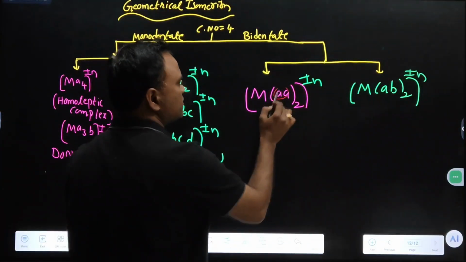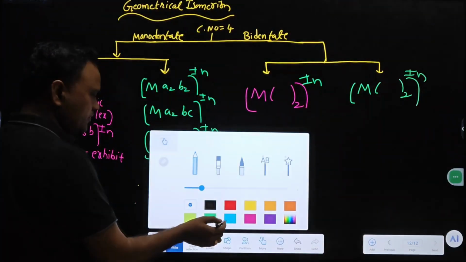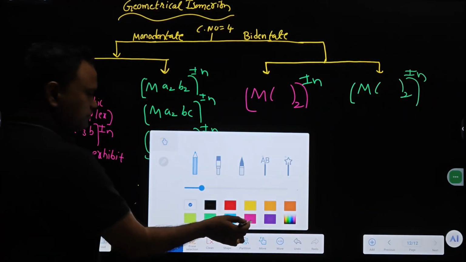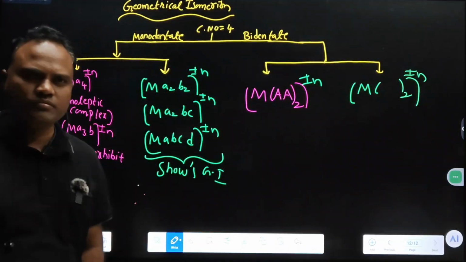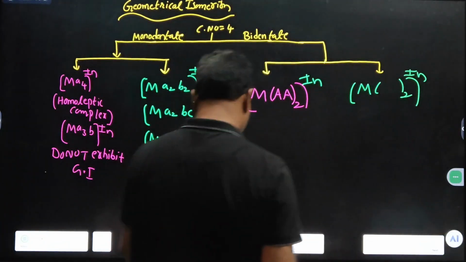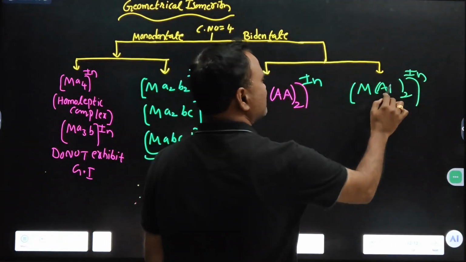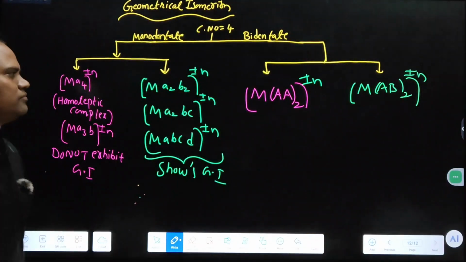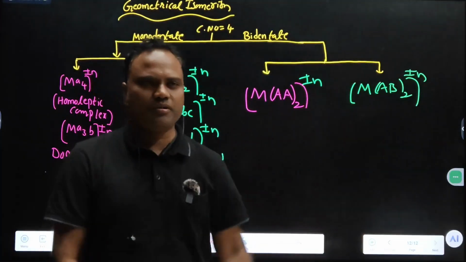If you get any confusion, see all of you. She's saying to use some other notation. Let us use this: AB. Square bracket AA, square bracket AB. Okay.